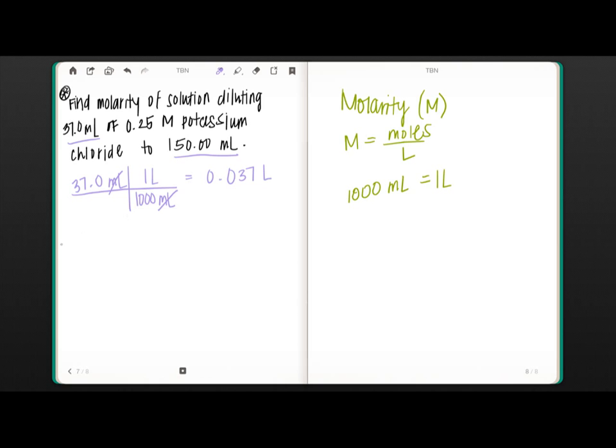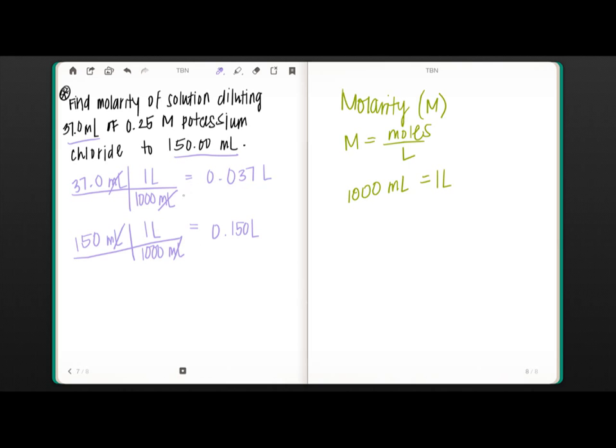Then convert your 150 mils to liters. You do the same thing, 1,000 mils for 1 liter. Your milliliters cancel out and you end up with 0.15 liters. Or actually, I should put the 0 there. But yeah, these are your two values, just changed to liters.